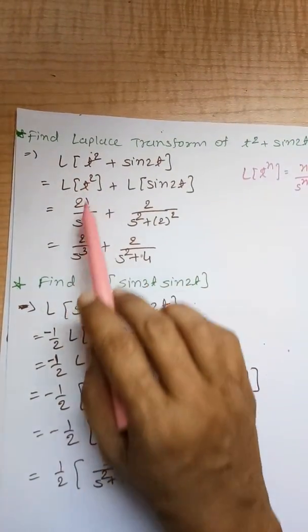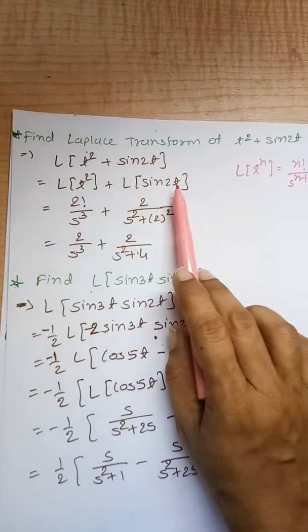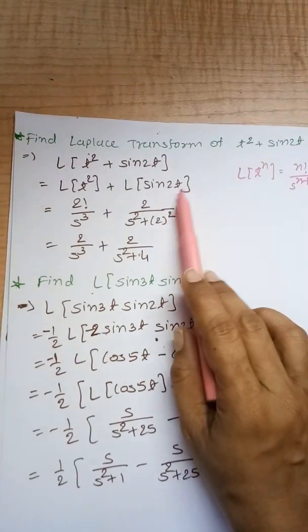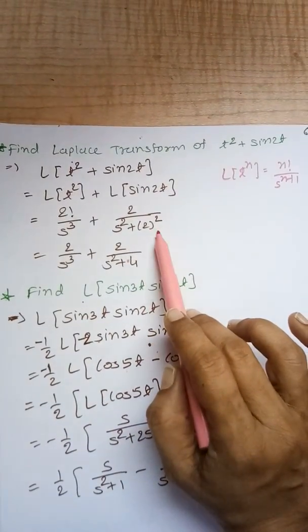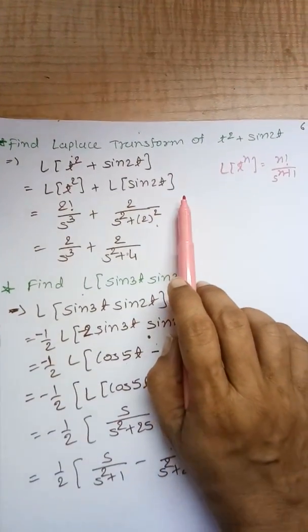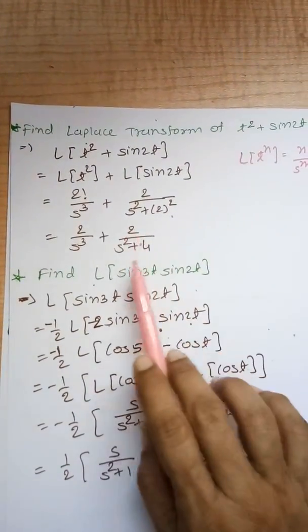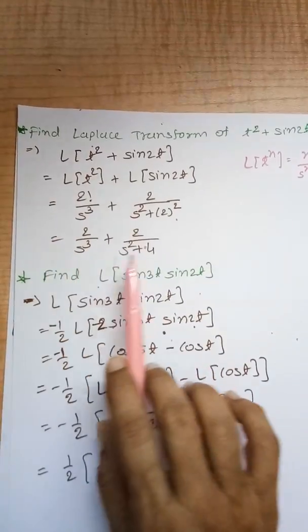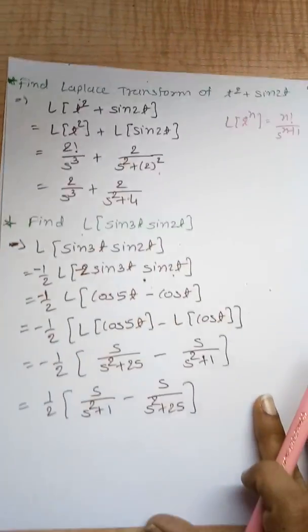So it is 2 factorial upon s cube. Laplace of sine at is a upon s square plus a square. Here a is 2, so 2 upon s square plus 4. So this is the answer of our first question.